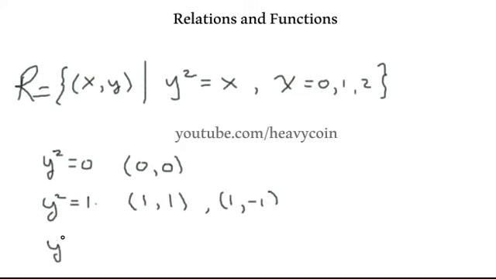Alright, let's do one more here. Y squared is equal to 2. Well, I know that if I were to plug in the square root of 2, because if I square the square root of 2, I get 2 out. And so therefore 2 is my x coordinate and the square root of 2 is my y coordinate.